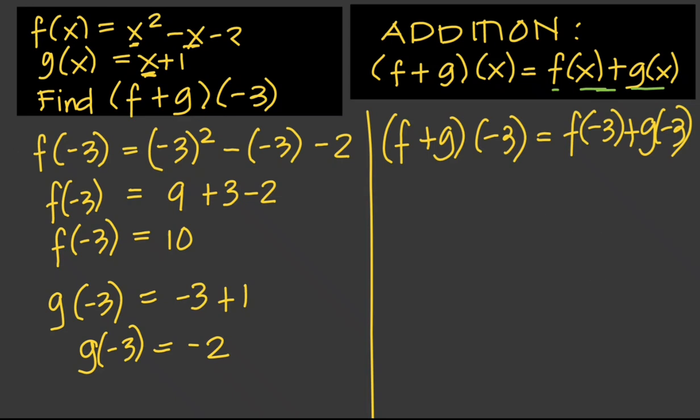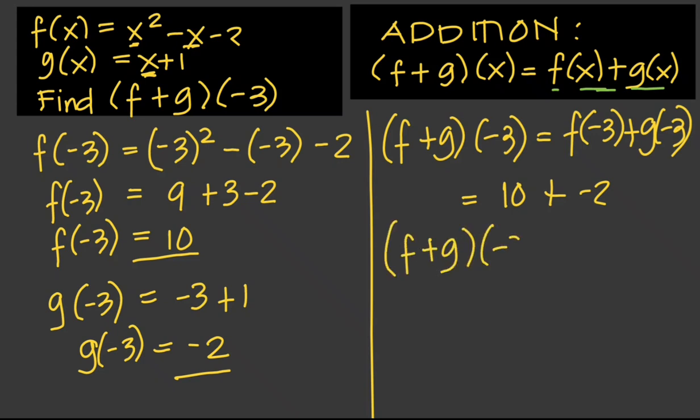Our f of -3 is equal to 10, so that is 10 plus our g of -3, which is -2. Therefore, f plus g of -3 is just equal to 8. So that is our answer.